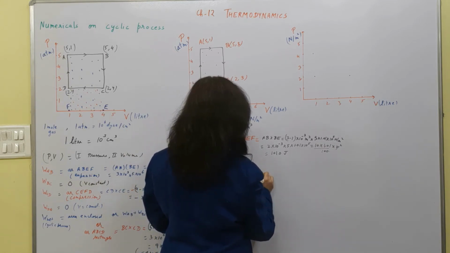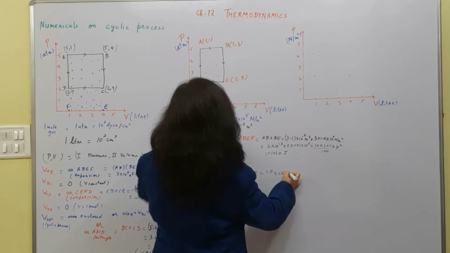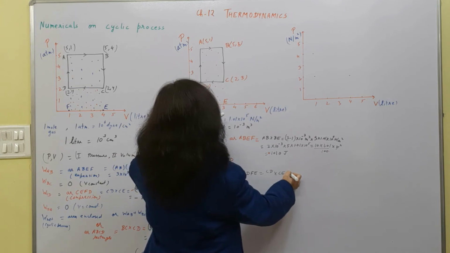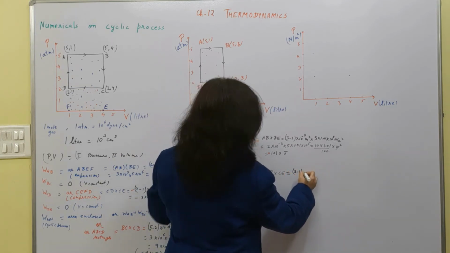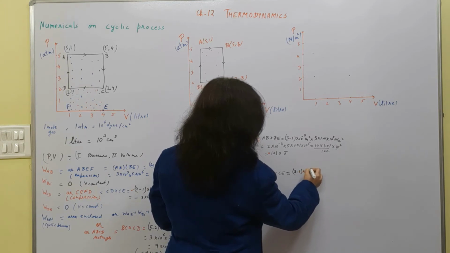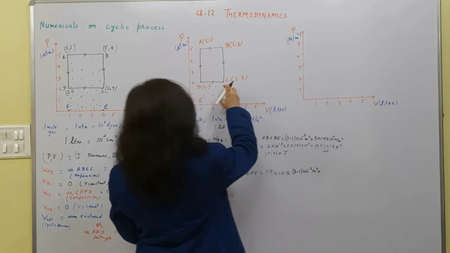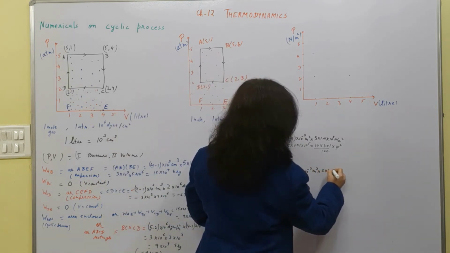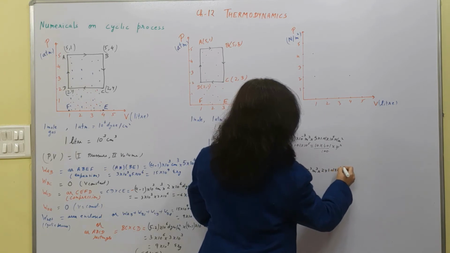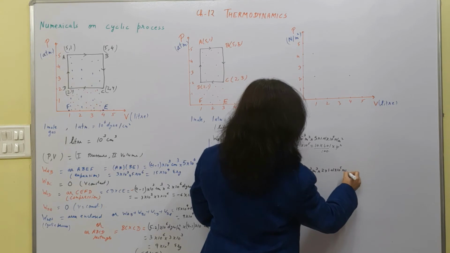Now work done in CD will be area CDFE. So this is CD into CE. So CD is 3 minus 1. This is volume. So this is 2 into 10 to the minus 3 meter cube into CE. CE is how much? 2 atmospheres. That means 2 into 1.01 into 10 to the power 5 Newton per meter square.